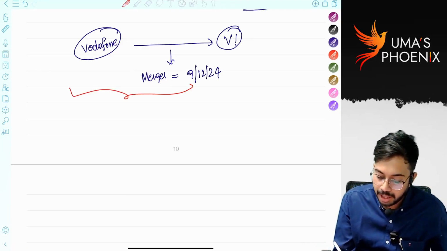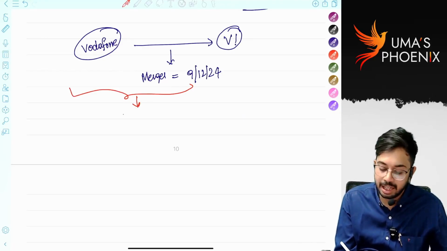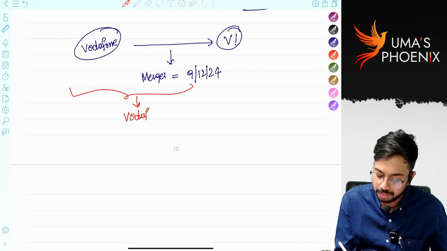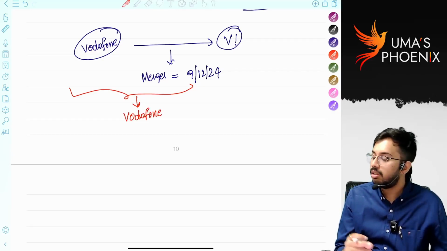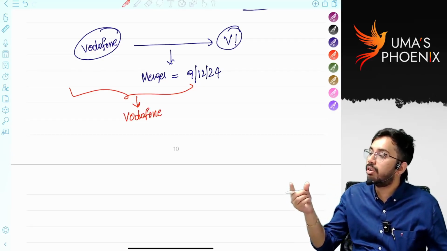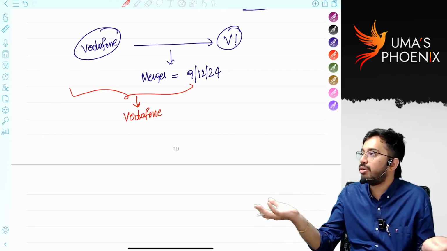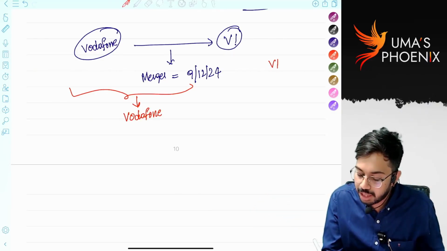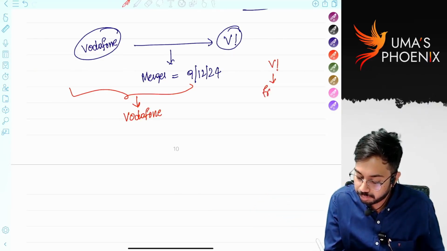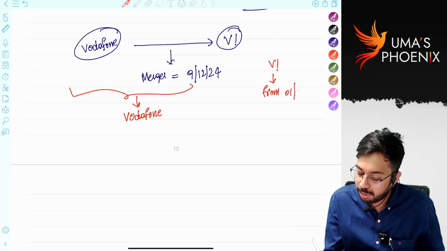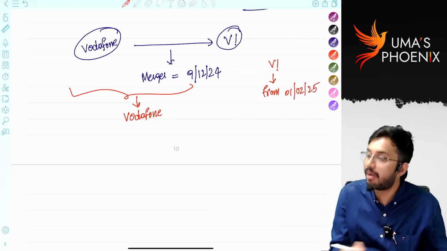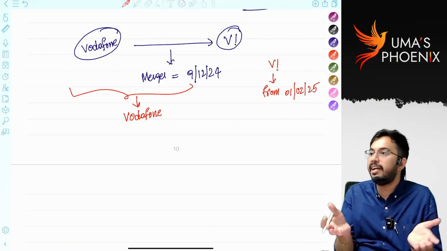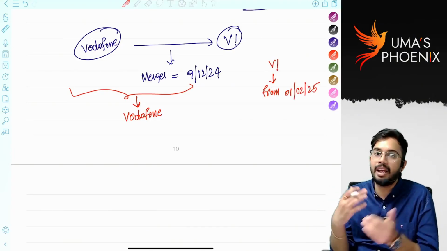Up to 9th December 2024, the asset is used by Vodafone. Just because it is transferred to VI, immediately VI cannot use it, right? VI started using the asset from 1st February 25. Immediately it did not use because to set it up again, time will take.